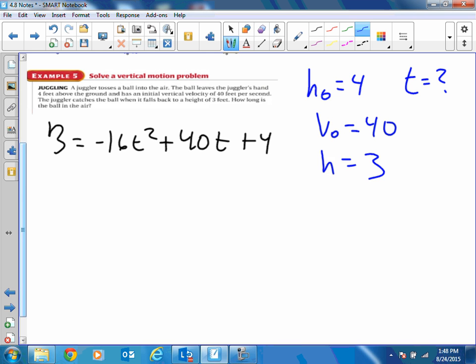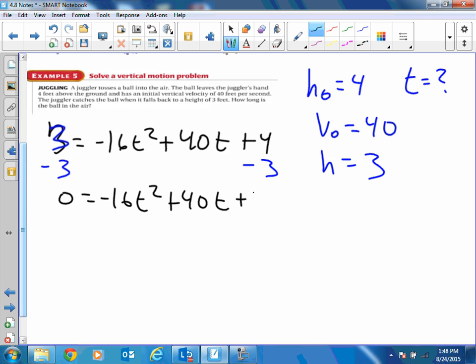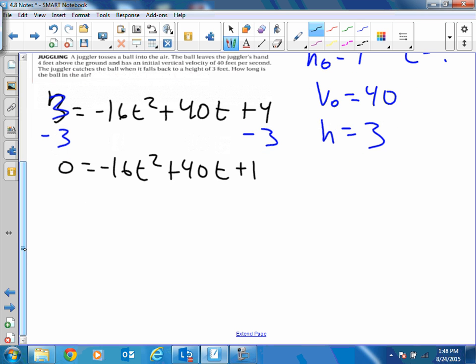Okay, and if we want to use the quadratic formula to solve this, then we have to subtract 3 from both sides. So we have to set it equal to 0, right? 0 equals negative 16 t squared plus 40 t plus 1. Then we have it set equal to 0. We can write a, b, c, and we can start solving.